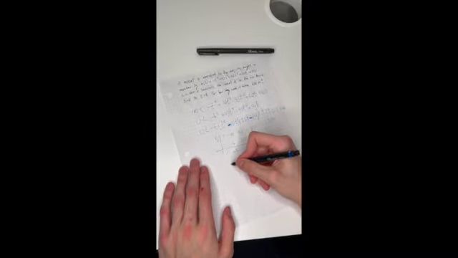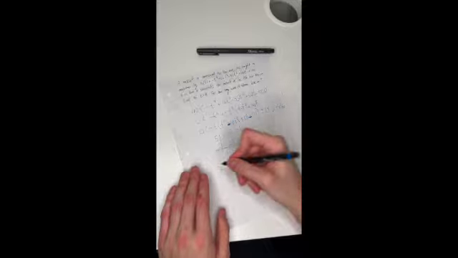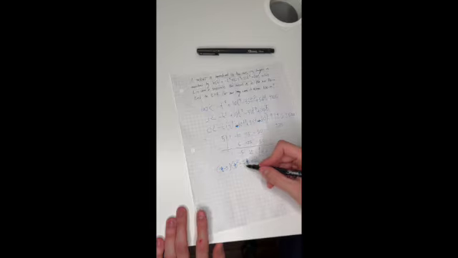So now we have x squared minus 5x plus 10, and our previous one of t minus 5, sorry.